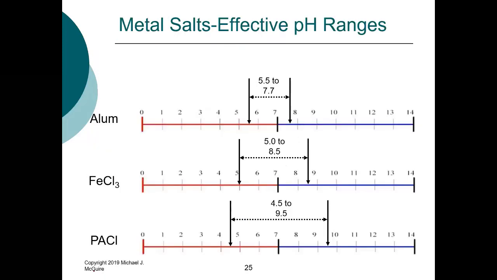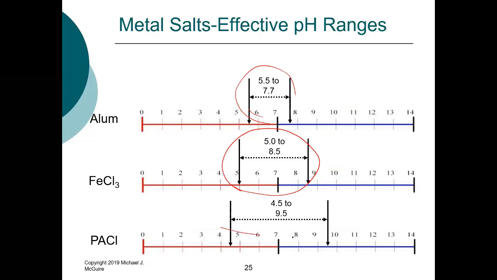One of the challenges of these coagulants is that they tend to be effective only in a fairly narrow range. Alum is typically most effective in a pH range from about 5.5 to 7.7. Ferric chloride is more effective over a wider range, from 5 to about 8.5.